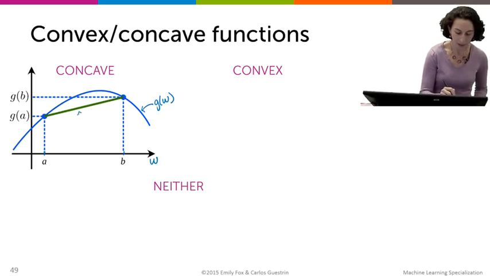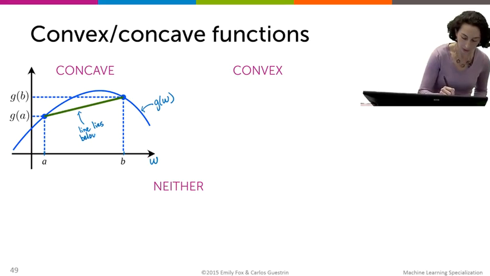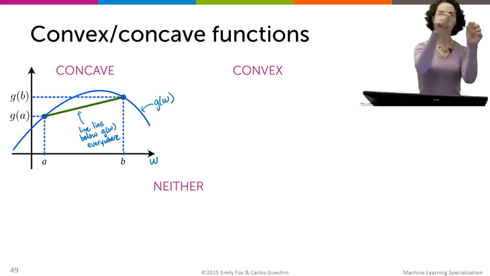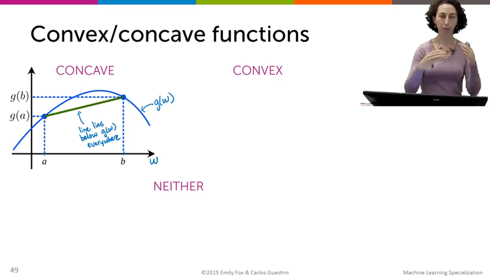And what we see is that this line lies below g of w everywhere. And a concave function is a function where for any value of a and any value of b that you choose, when you draw this little line between the points of the function, it's always going to lie below the actual curve of the function itself.